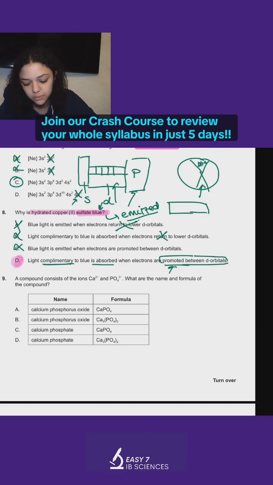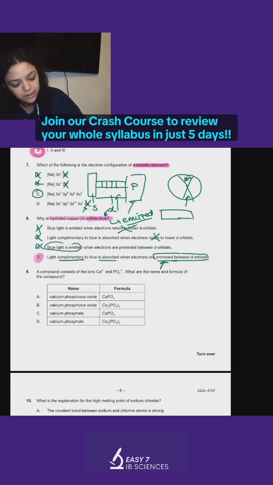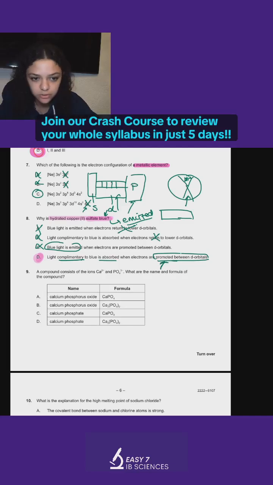What C is basically saying is that because the electrons are being promoted between these d orbitals, blue light is emitted, and that's not the case. It's because these electrons are being promoted between these d orbitals that light complementary to blue is absorbed, and therefore, as a result, blue light is emitted.